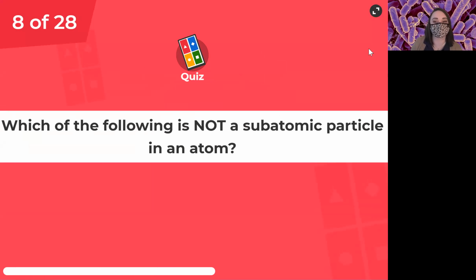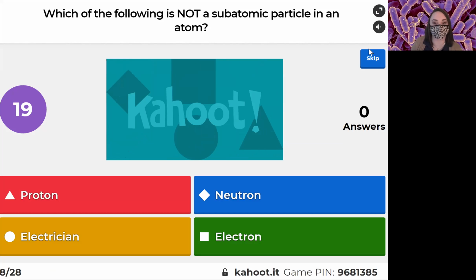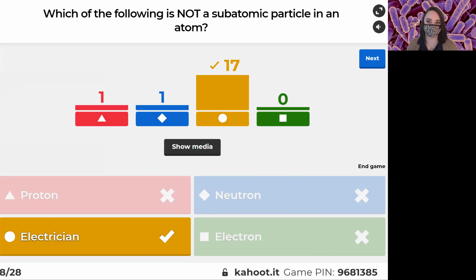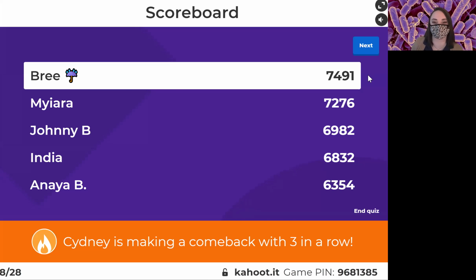Which of the following is not a subatomic particle in an atom? Good. We do not have electricians in atoms. That would be correct.